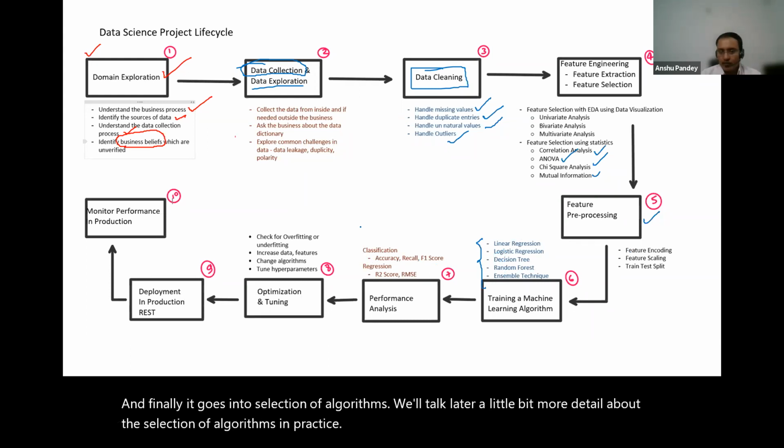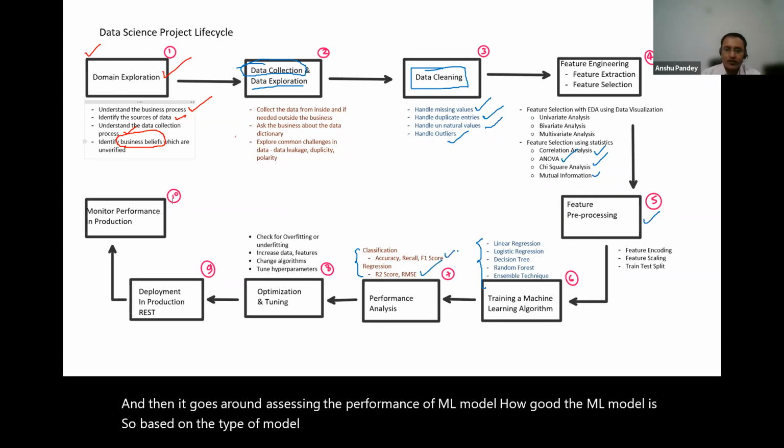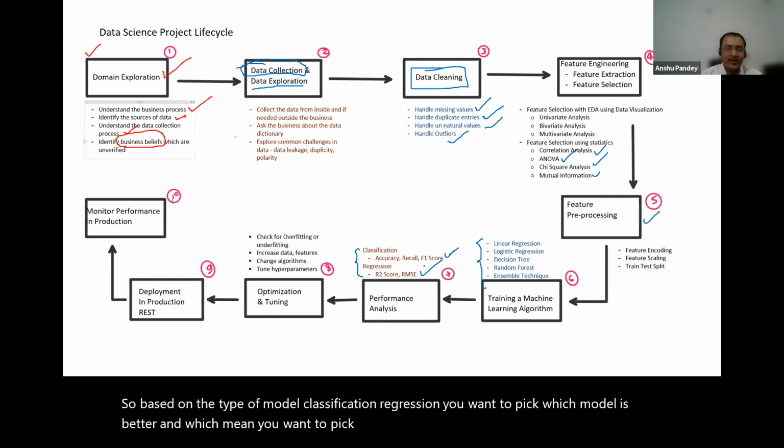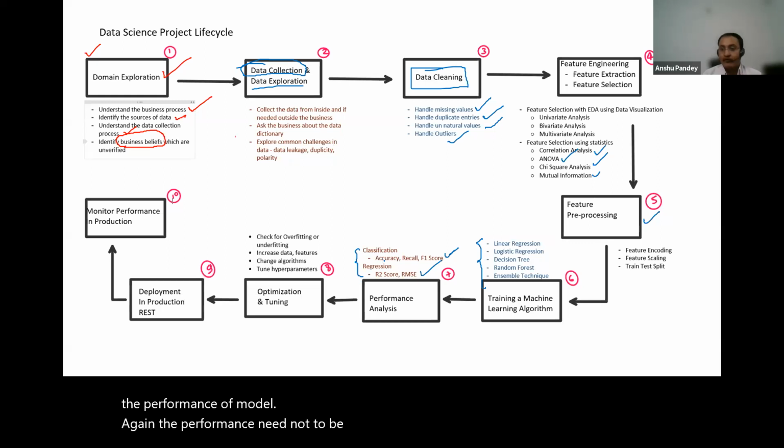And then it goes around assessing the performance of ML model, how good the ML model is. So based on the type of model, classification, regression, you would want to pick which attribute or scoring technique to use to judge the performance of model. Again, the performance need not be assessed only with context to the efficiency in terms of accuracy or good predictions.